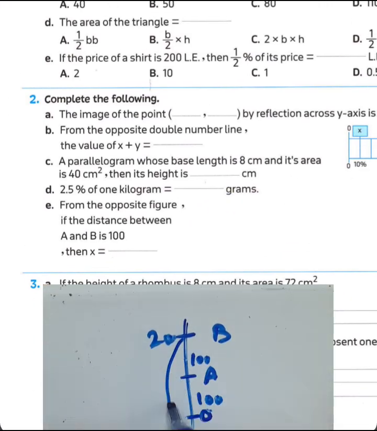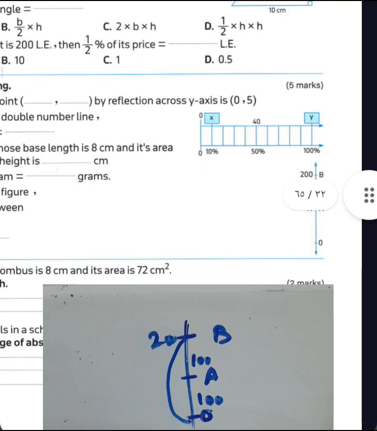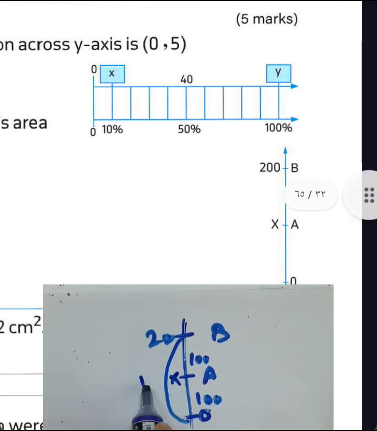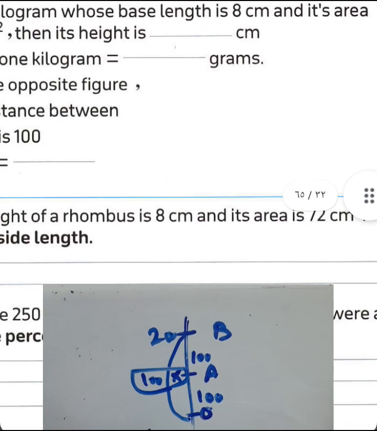Because the total distance is 200. 200 subtracted by 100 equals 100. And the value of x here equals 100, okay? 0, 100, 200, okay?